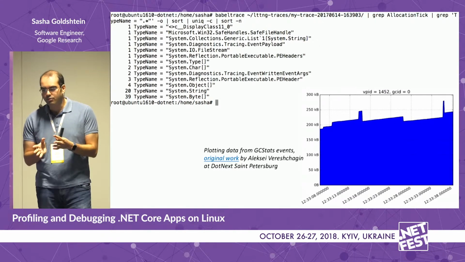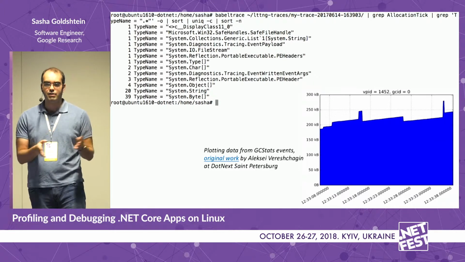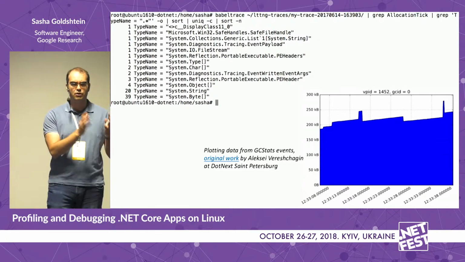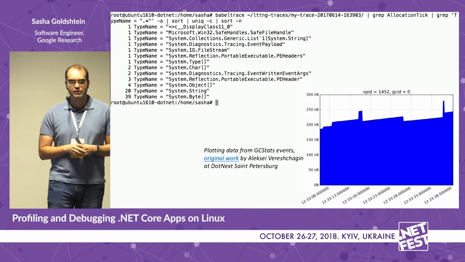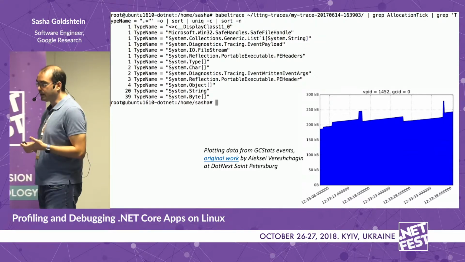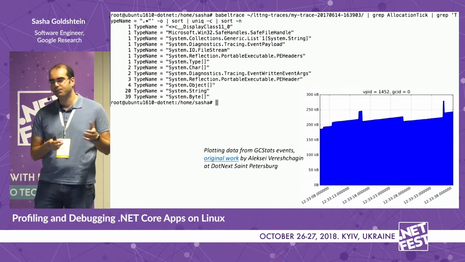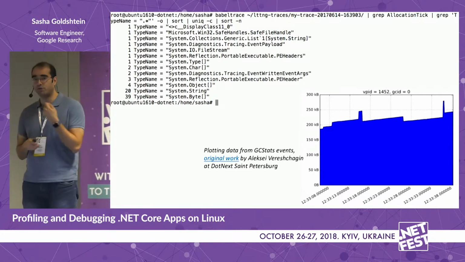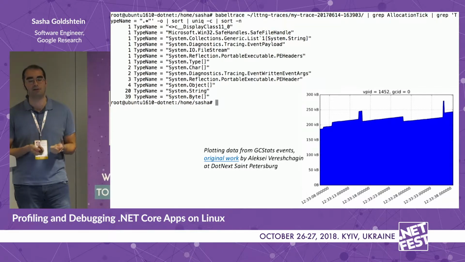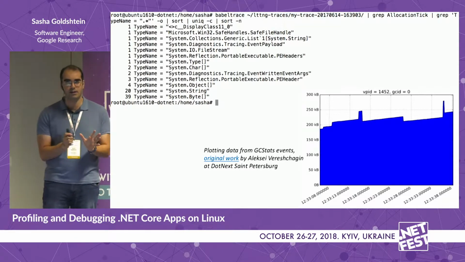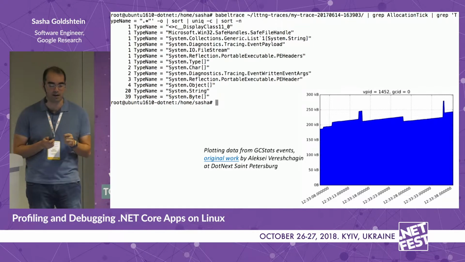So for now, there is no magic, great, beautiful debugger that you can install on Linux and debug your .NET application. And probably the closest thing to that is using dump files. So you can take dumps of your .NET application and then analyze those dumps. But that also isn't quite easy, so I have a couple minutes to talk about that.